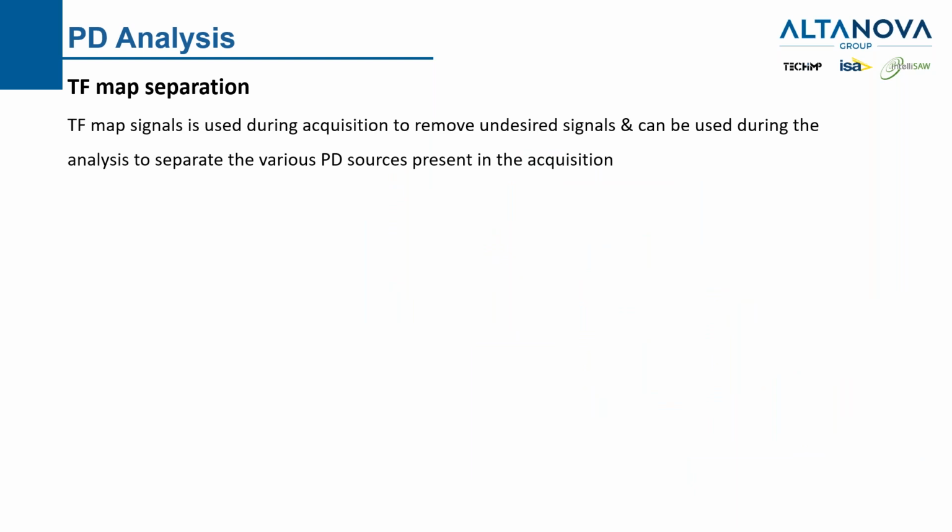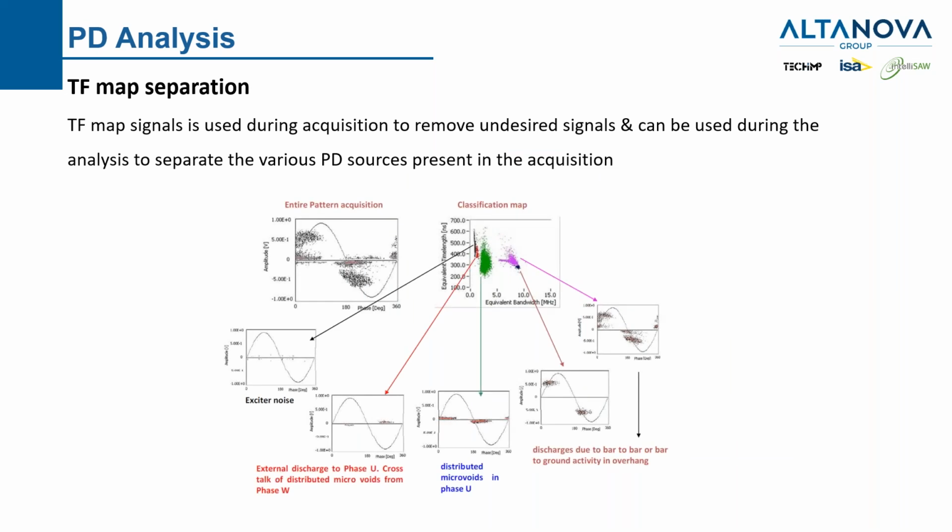Now we have our data set saved, we are at home studying the data, but we can still take advantage of the time frequency map. Even on the acquired data, we can take clusters from the classification TF map and study the related single sub-pattern.